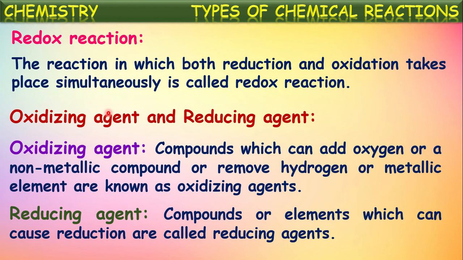So those substances which help in that reduction, either by removing oxygen or by adding hydrogen to the substance, are called reducing agents. Oxidizing agents are the chemical substances which help in the oxidation of some other substance, either by adding oxygen to it or by removing hydrogen from the substance.